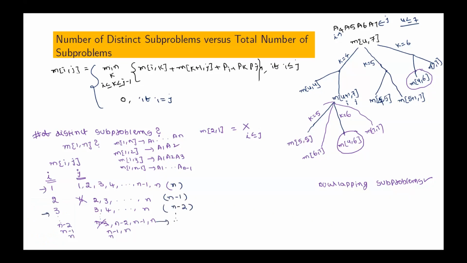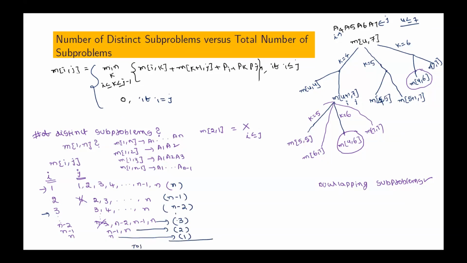How many distinct subproblems here? 3. Here? 2. Here? 1. Now you tell me, what is the total number of distinct subproblems we have got?